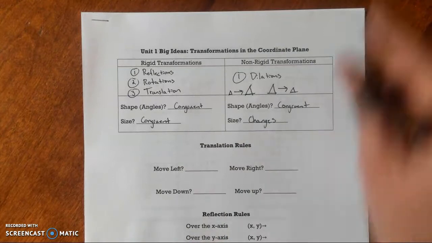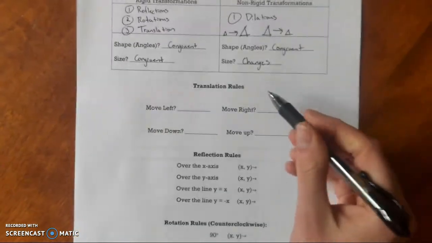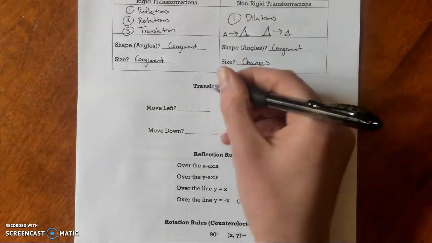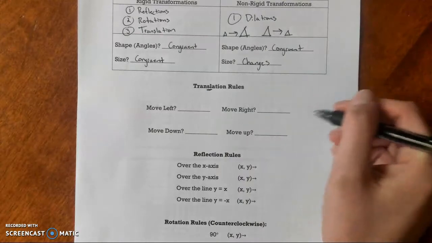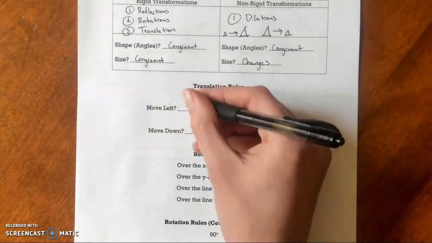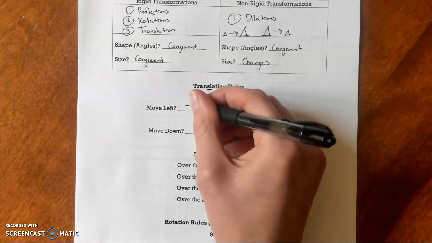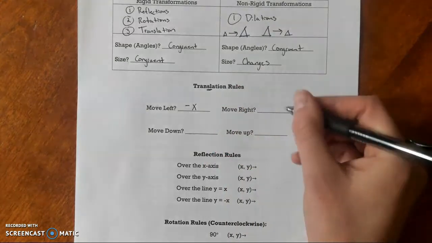When we're talking about our translation rules, that's when your shape is like sliding around. You can remember that with the SL right there. Your shape's going to be moving around your graph. If it was moving to the left, that would be minus x, so minus your x coordinate.